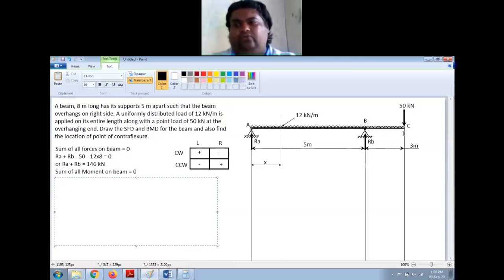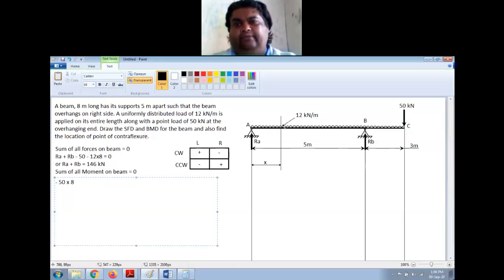So the downward force is making a clockwise moment on the right side. So that is negative. So minus 50 into perpendicular distance, which is 5 plus 3, that is 8 meters.